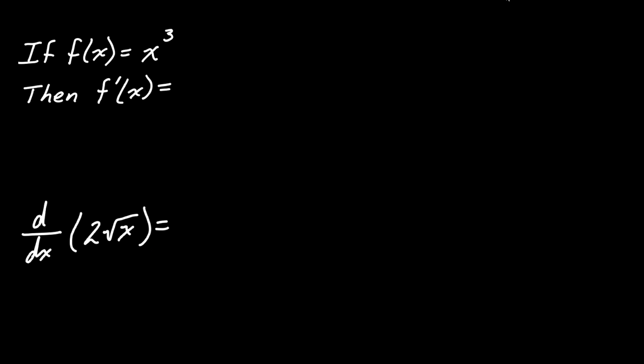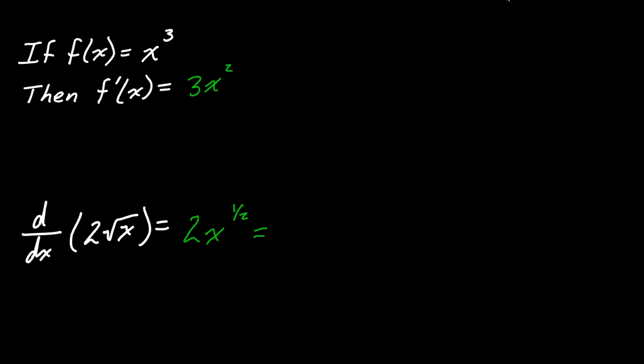All right, next one, this is just a real easy power rule. The derivative would be 3x to the 2nd power, just bringing the exponent to the front and subtracting 1 from that exponent. And the next one is when we have a radical. Anytime you have square roots or cube roots or anything like that in calculus, the vast majority of the time you are going to go ahead and convert them to a rational exponent.